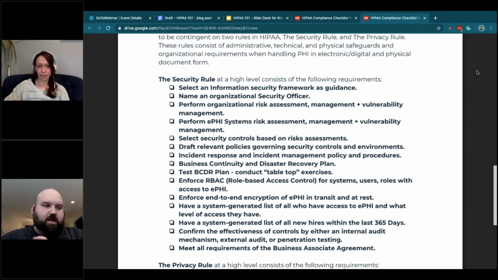So this being setting up role-based access controls and end-to-end encryption within your SaaS environment or your software environment, what have you. We have pretty much anything, advice for any of these measures that we're talking about in the checklist.